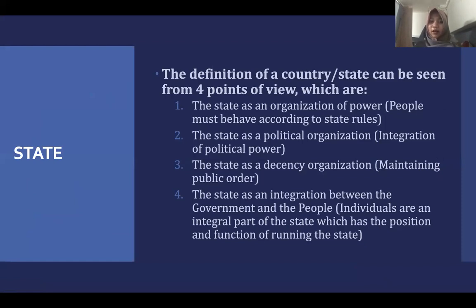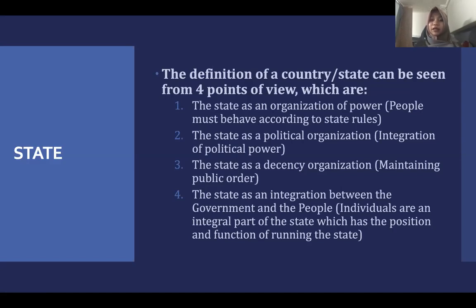But here we try to define a country or state from 4 points. The first, the state as an organization of power. It means that people must behave according to the state rules, because the state has rules and regulations.